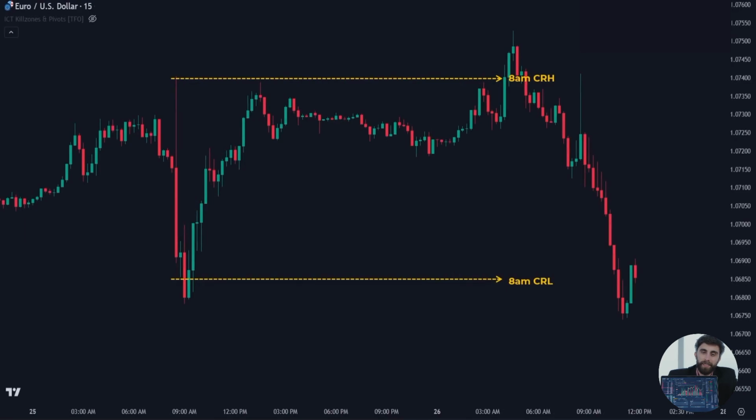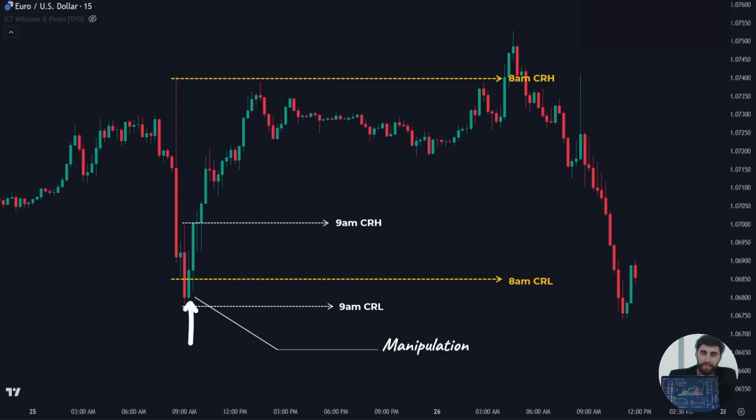In the next step, we should wait for the 9 a.m. and monitor the price action in this specific time. As you can see, price pushed lower and has taken below the range candle with the 9 a.m. candle, and after sweeping the liquidity and conducting the manipulation phase, pushed upside and closed inside the range with this bullish candle. So, we have a confirmed CRT model formed during a key time.